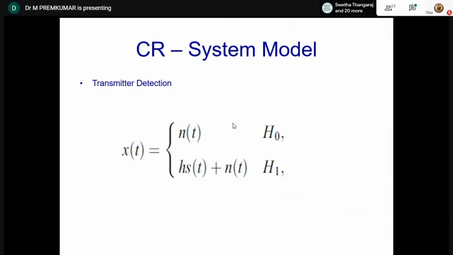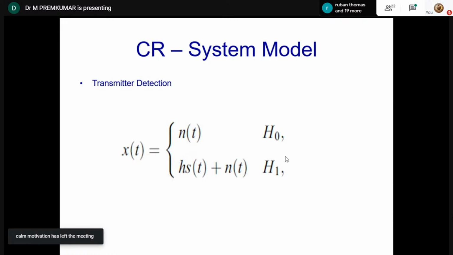and you can analyze the corresponding metrics of bit error rate or something like that. Okay, so the CR system model uses transmitter detection. That is, x of t is the transmitted signal h s of t plus n of t. In case the frequency spectrum is vacant, this particular hypothesis will be considered.